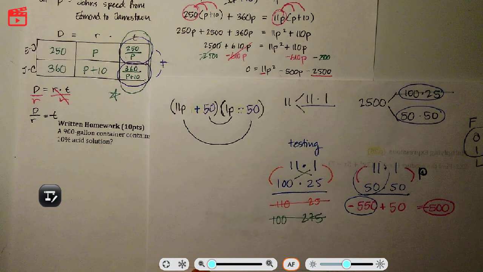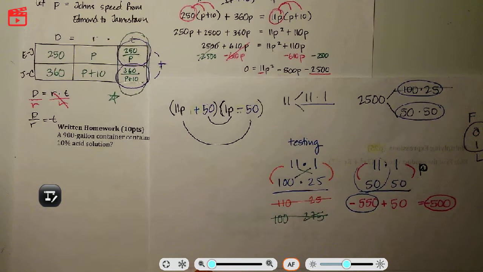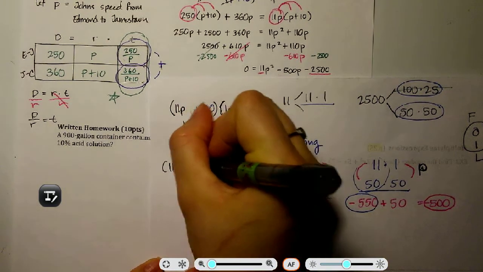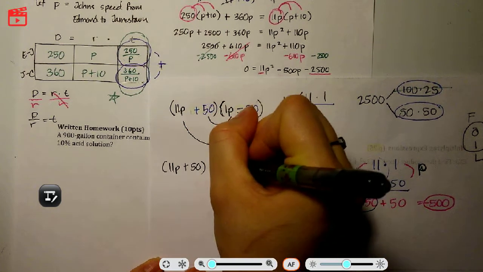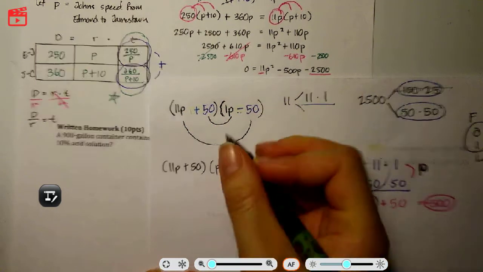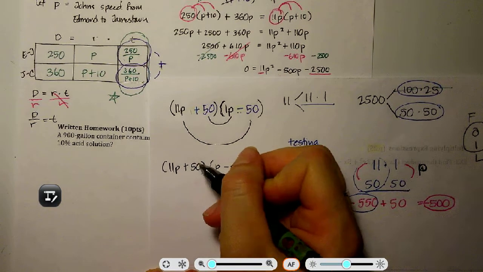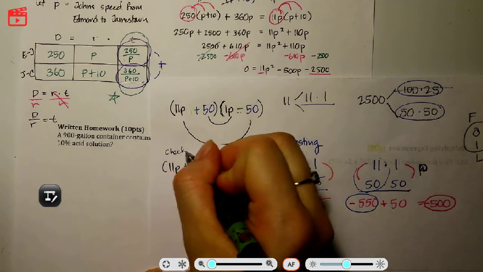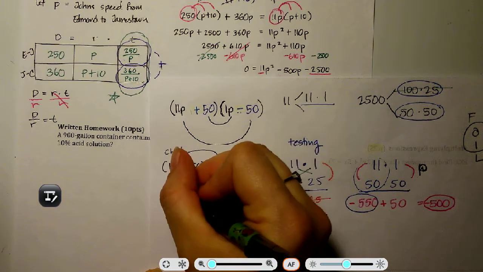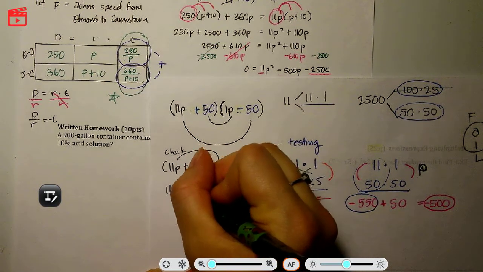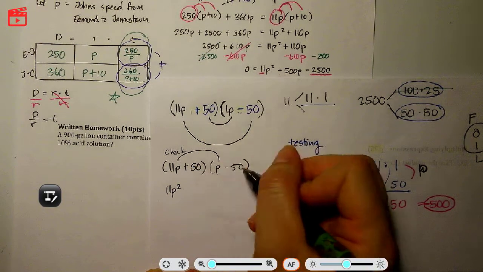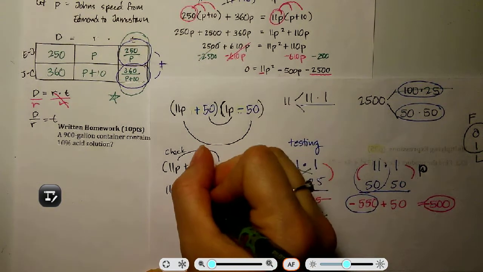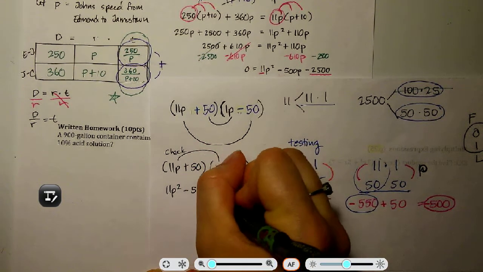So how could I check that I factored this correctly? Remember, we just FOIL it back out. So let's check 11P plus 50, and then P minus 50. We're going to FOIL this out, not factor it. 11P times P is 11P squared. 11P times negative 50 is going to be negative 550P.